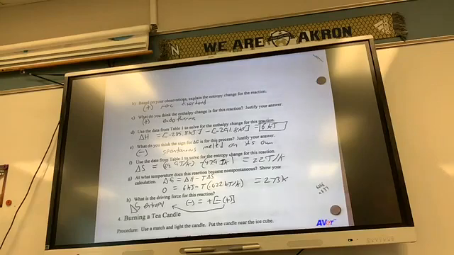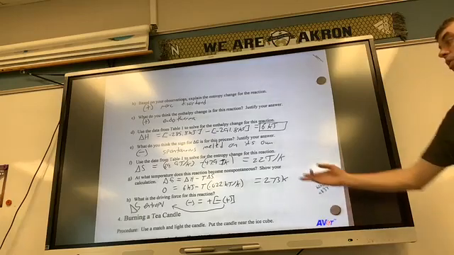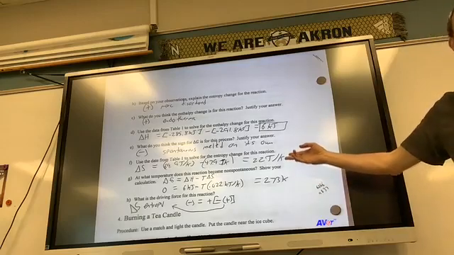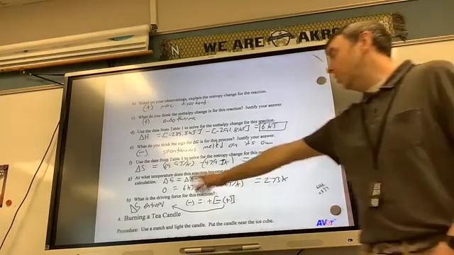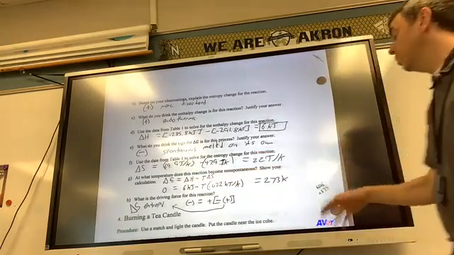Now, when I started grading these, I took off points because some of you said 272, but then I realized that was just sig digs doing that to you. So then I gave you that point back. But technically, it should be 273. It's a show your work. So 0 equals 6 minus T times 0.0022, and you get 273.